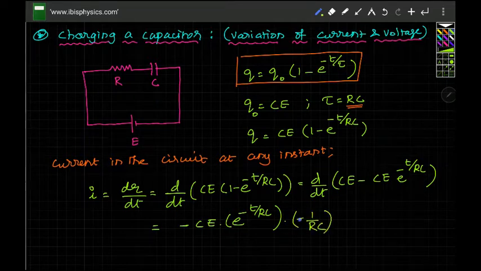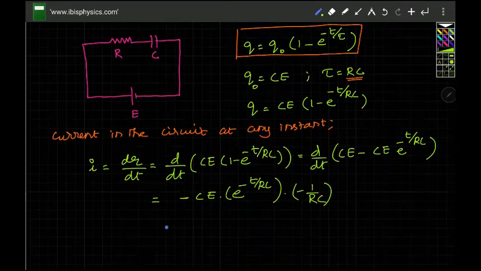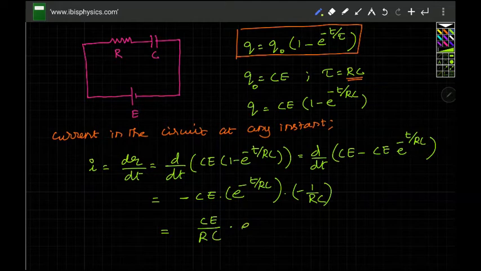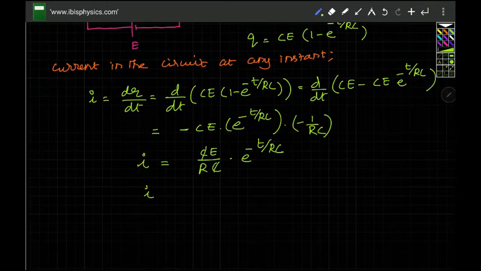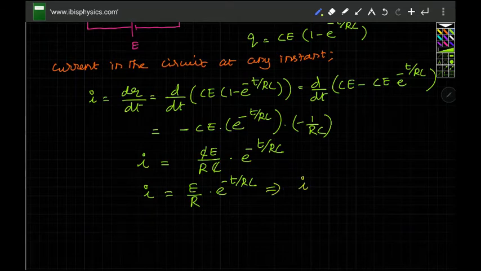The minus and minus cancel, so we get CE by RC into e power minus t by RC. Then the current I is equal to E by R into e power minus t by RC. So I is equal to total EMF by total resistance of the circuit, which is the maximum current I naught, into e power minus t by tau.